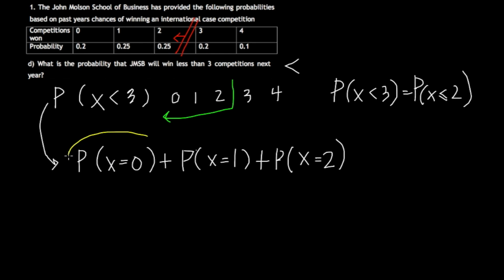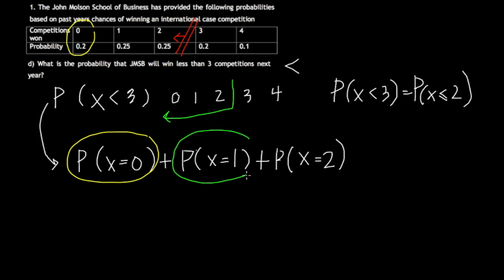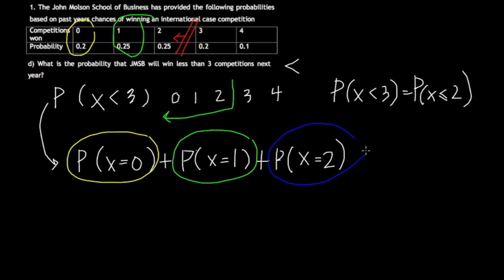This right here is this right here. This right here is this portion right here. And finally, this right here is this right here. Now you'll notice we took everything into account that is before the 3.